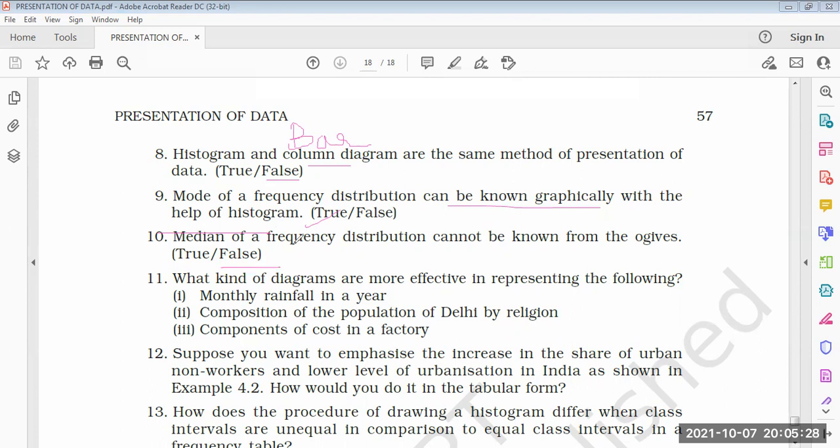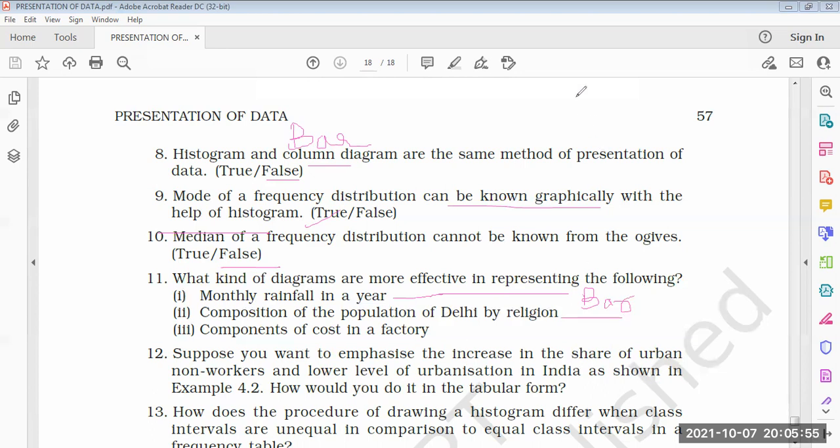Then the 11th one. What kind of diagrams are more effective in representing the following? First one is monthly rainfall in a year. With the help of bar diagrams, if you show, it will be nice. Then composition of the population of Delhi by region.